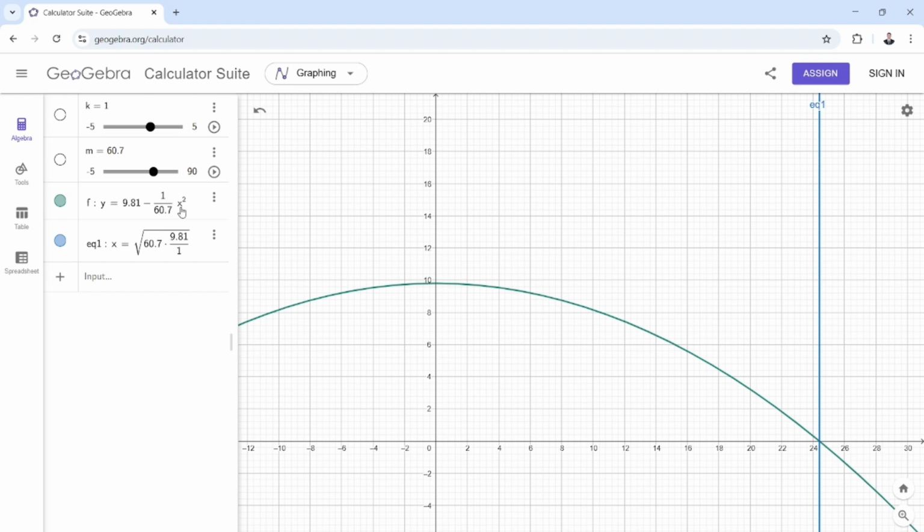If your initial velocity is 0, that means your acceleration is just 9.81. And as the skydiver goes down, the y-axis is the acceleration, and the x-axis is the velocity. We let the acceleration be the y-axis, and we let the velocity be the x-axis.